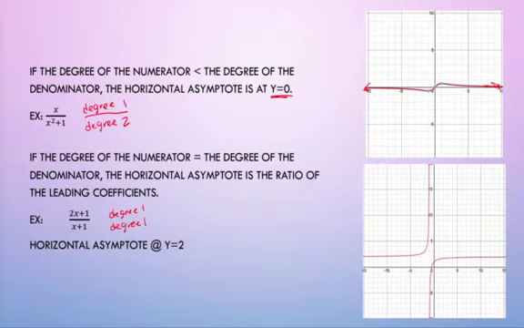So the ratio of the leading coefficients means whatever fraction you get when you divide 2 by 1, which in this case is 2. So your horizontal asymptote is at y equals 2 over 1, which is y equals 2. And so on this graph, you've got this horizontal line at y equals 2 that the function approaches but never touches.